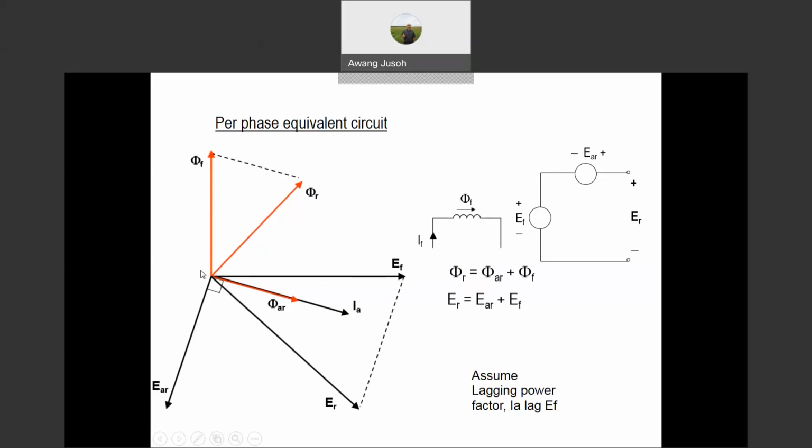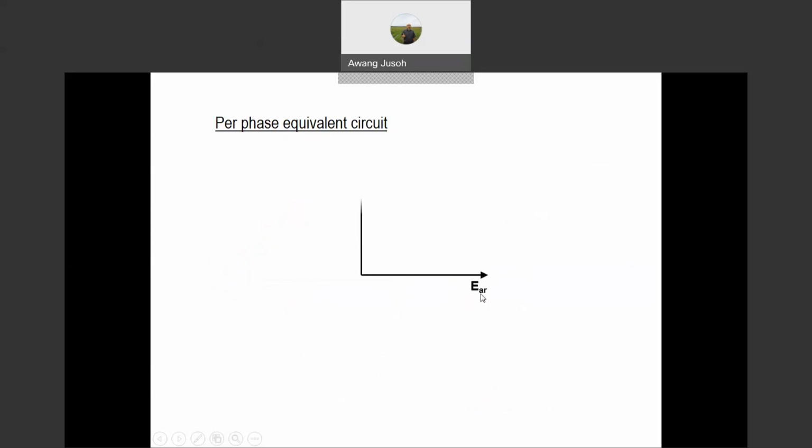You know that vectors rotate anti-clockwise. You push anti-clockwise until EAR reaches here. Then what happens to the flux ER? Flux ER leads EAR by 90 degrees. So you can redraw this circuit like that, taking EAR as reference, and then this is flux ER.